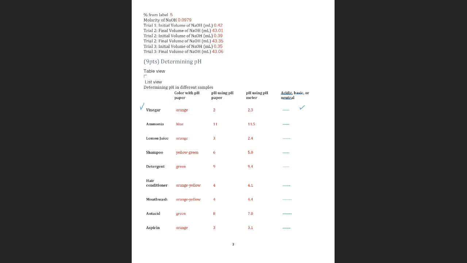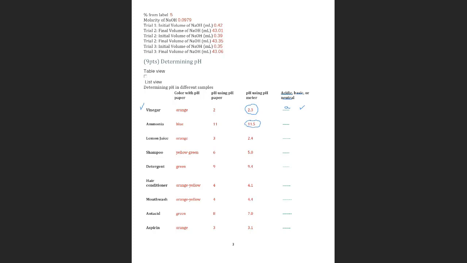So for the first one, let's look at the pH from the pH meter. 2.3. Is this pH acidic, basic, or neutral? Yes, exactly. Very good. How about ammonia? The pH is 11.5.